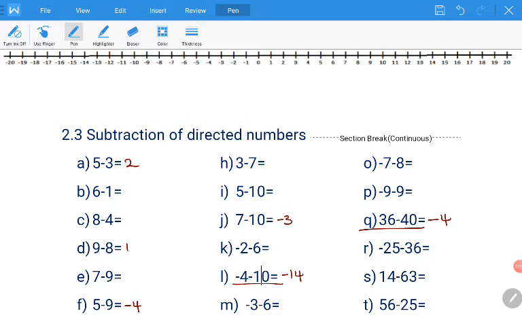Here we know that our answer should come out negative, and the negative value is 4 plus 10.